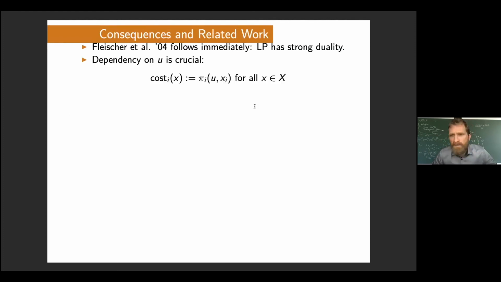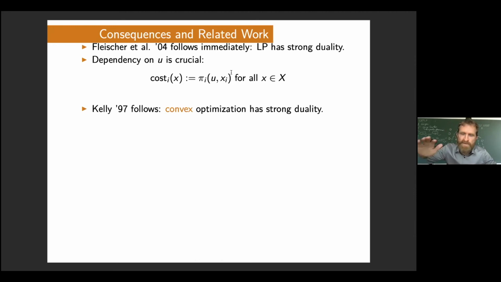So let me put this into perspective for a moment. As I said, in the routing literature, the LP exactly corresponds to that program that I was presenting. And they use strong duality to show these enforcing prices. So that idea is not new. The same for the Kelly framework. He uses concave bandwidth utility functions, so we have a convex program. He uses strong duality for his program, and that follows the same vein.